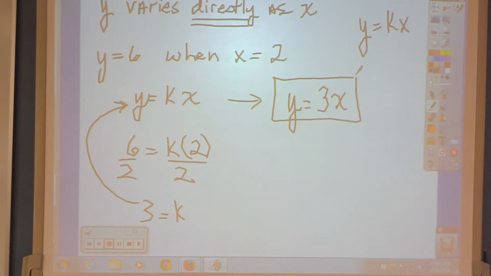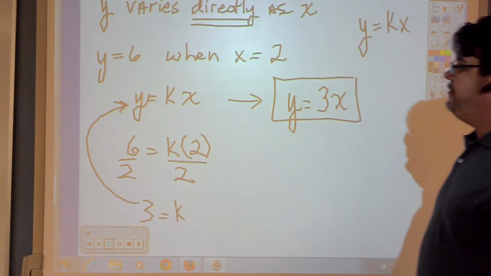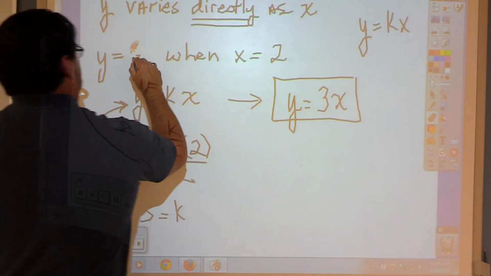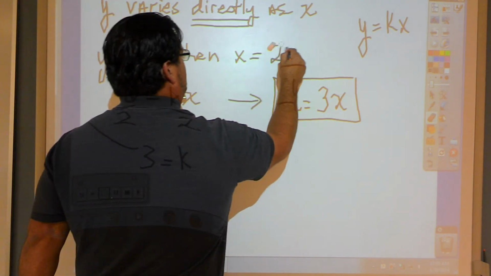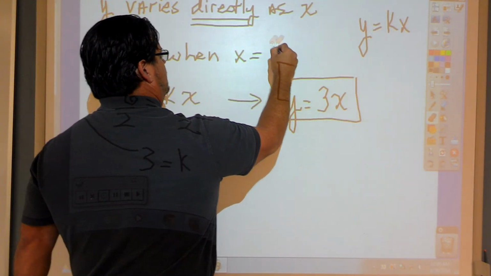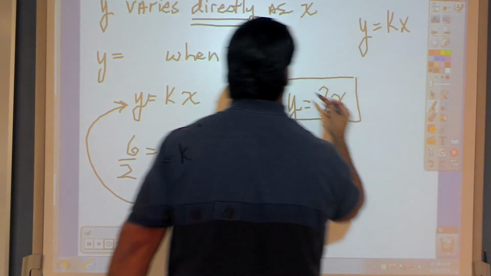Number 9 says find the variation constant in an equation of variation. Find the equation. Y varies directly as x when y is 6.3 and x is 3. So I'm just going to change this one because everybody's still writing. This is 6.3 and x is 3.